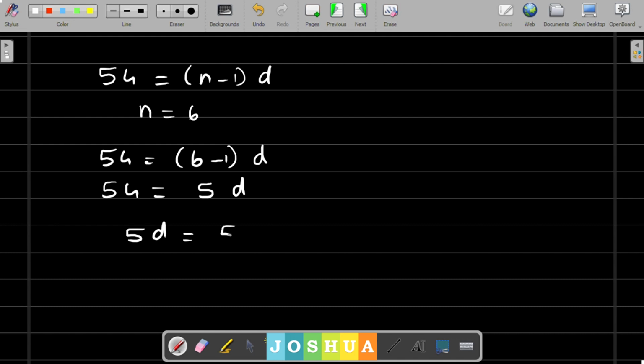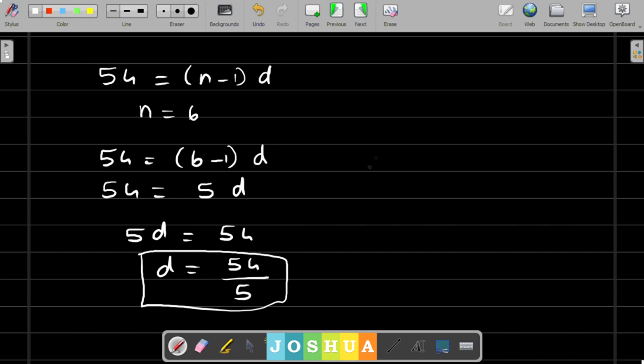54, or d is equal to 54 upon 5. So this is perfectly correct. Okay, so you can write the value like this way, or if you want to convert into decimal, that is also possible. When you go for 54 divided by 5, 10 5s are 50 and remainder is 4, and if we put a dot here, then 40, then 8 5s are 40, then remainder 0.